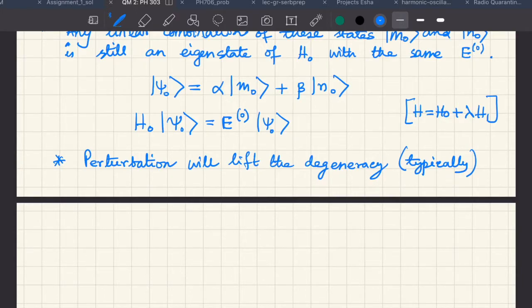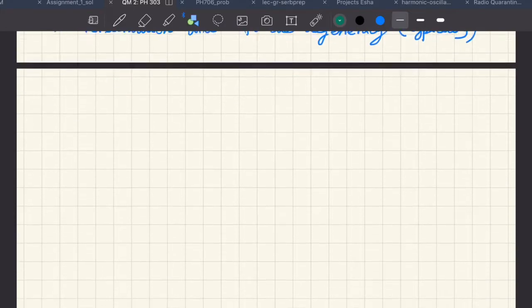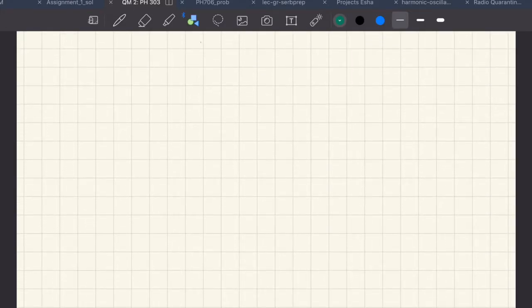So as you increase lambda from 0 to 1, the common unperturbed energy E naught splits up into two, because we have here twofold degeneracy, and if we plot, what we will get here is the following.